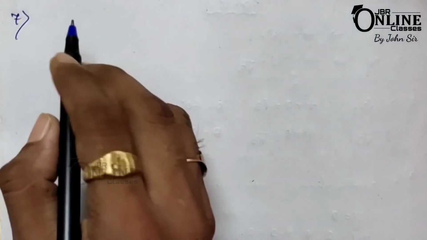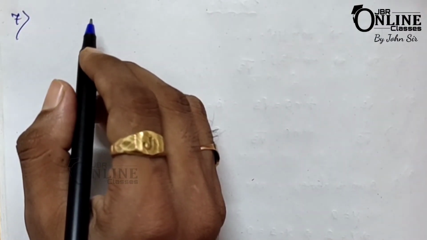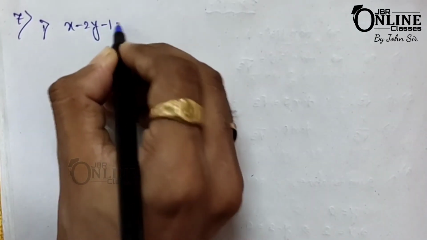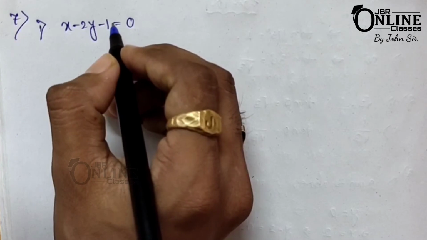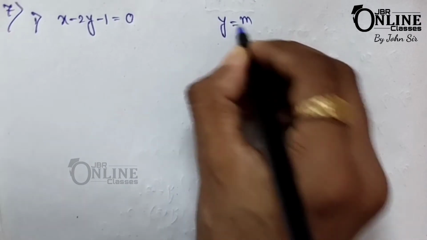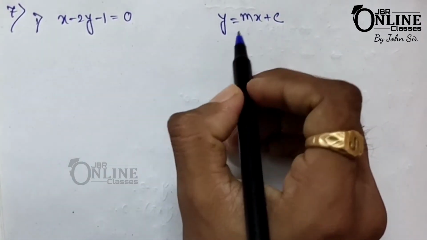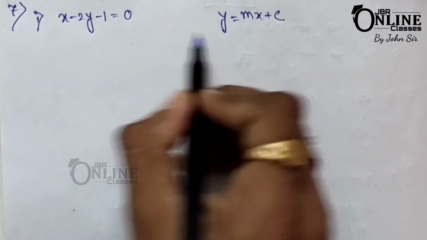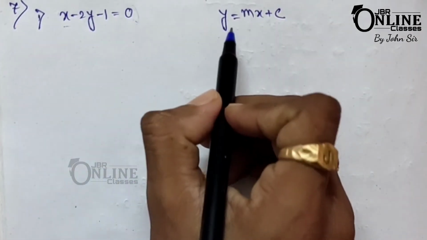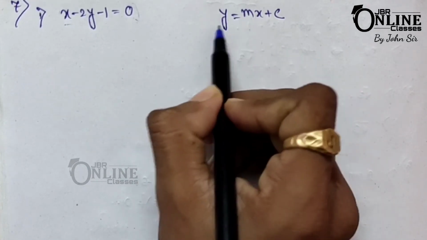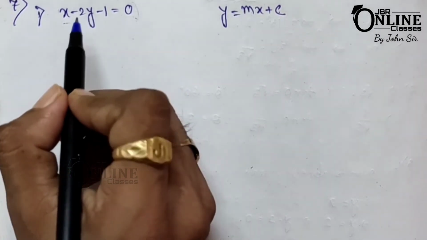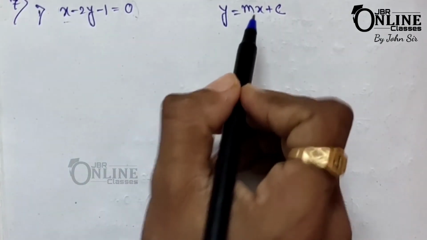Now sum number 7. Find the slope and y intercept of the following lines. So here number 1, x minus 2y minus 1 equal to 0. So we know that the slope intercept form is y equal to mx plus c. So you have to convert this equation into the same form, that means y equal to mx plus c. So first I am going to convert this equation.